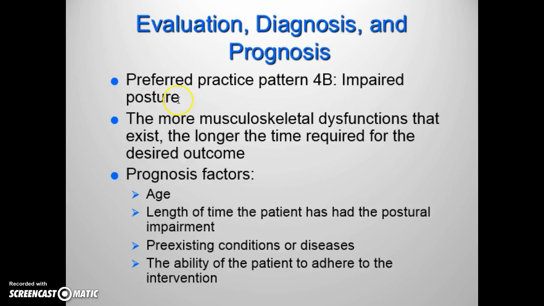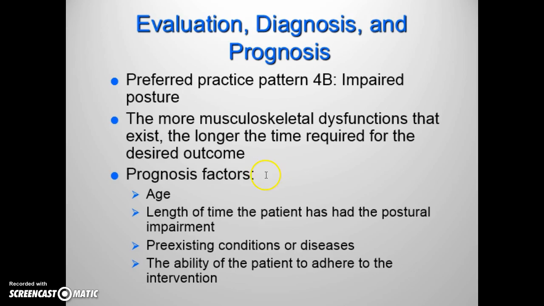And then after that, usually the therapist provides the PT diagnosis and prognosis, but just as information, the preferred practice pattern for a postural problem that you may be working with the patient is practice pattern 4B, which is impaired posture.